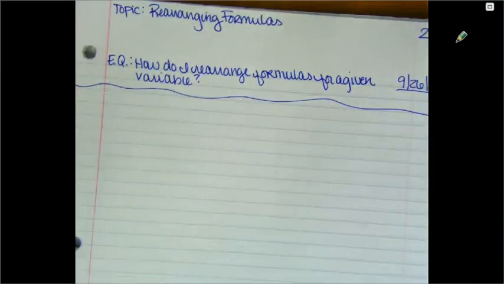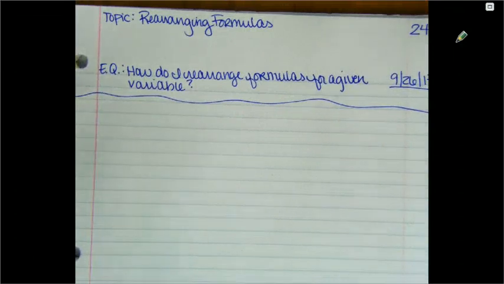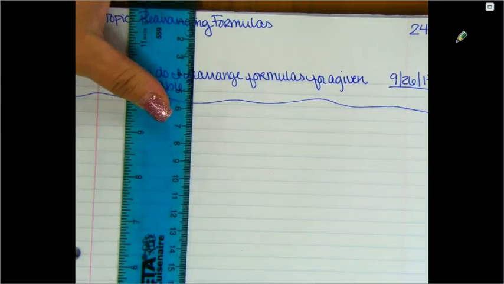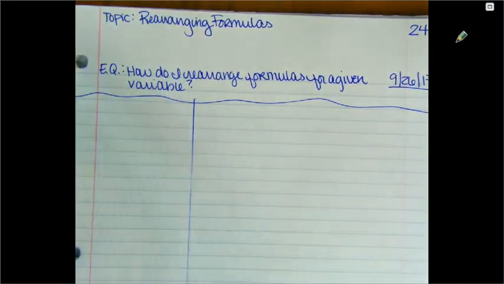All right, how do I rearrange formulas for a given variable?